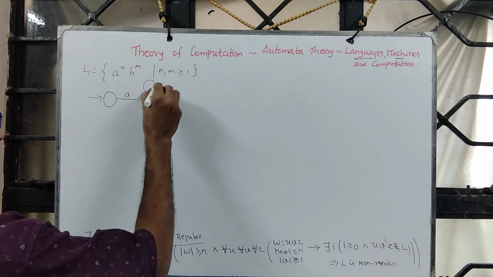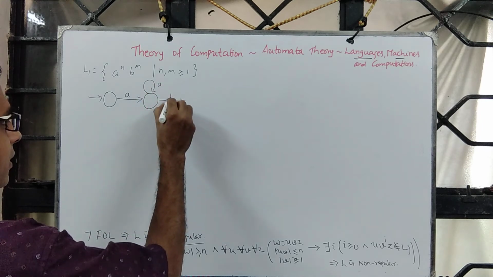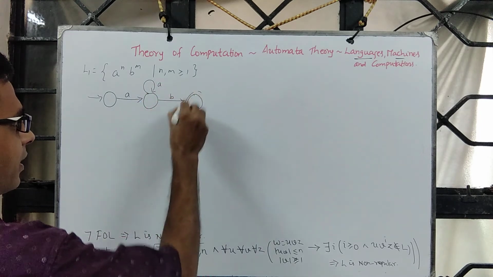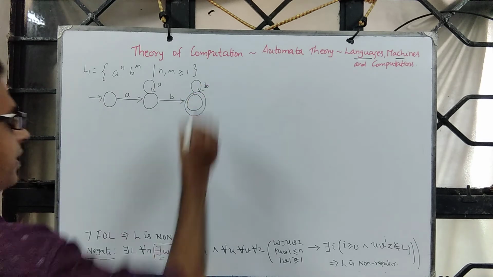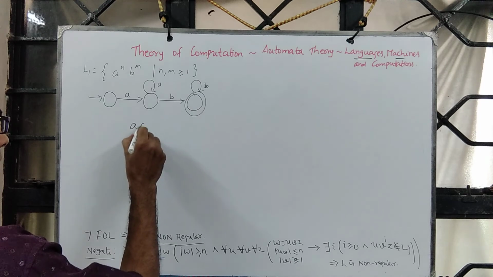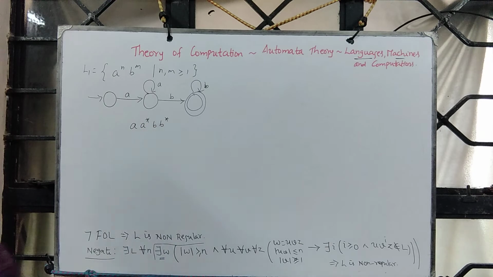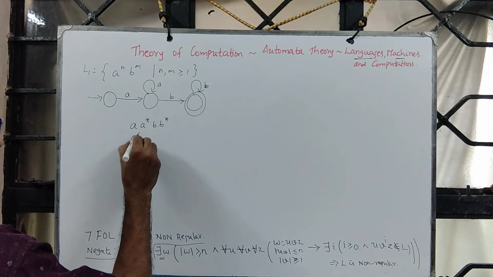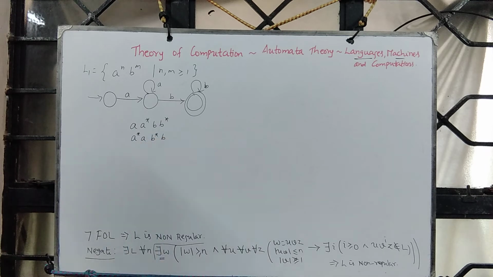We read the first a and read n minus 1 a's, read the first b and read m minus 1 b's. And we also know that one can come up with a regular expression for this, which could be a star a followed by b star b.